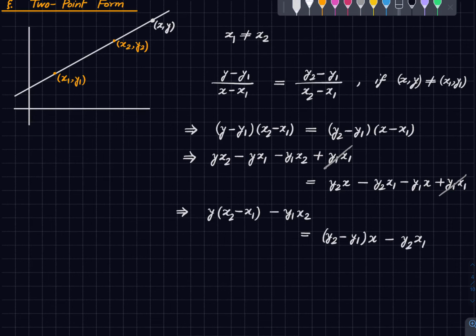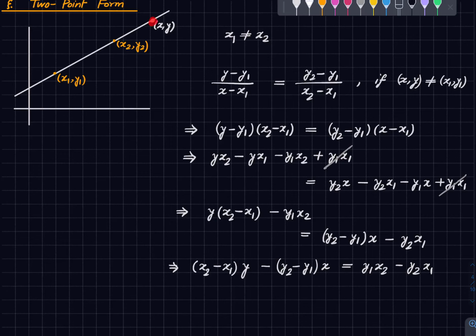And so the equation becomes, this is what we get as the final expression.